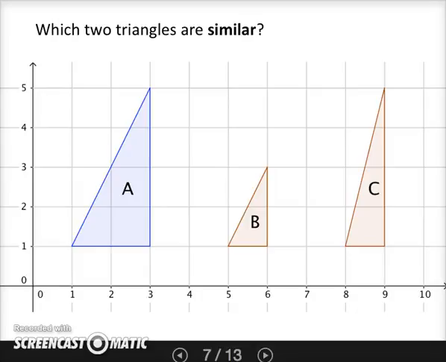So which two triangles in this picture do you think are similar? Well, we can't use a protractor to measure all the angles on the screen, but suppose I were to mark some congruencies here. Suppose I were to mark this and this angle, this and this angle, and I were to tell you that all 3 of these triangles are right triangles.